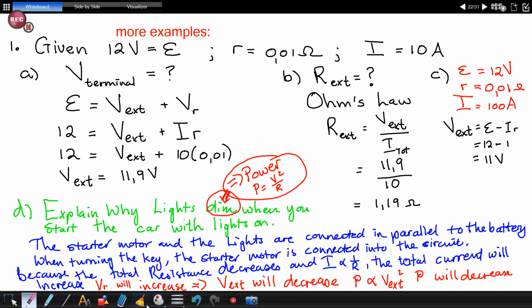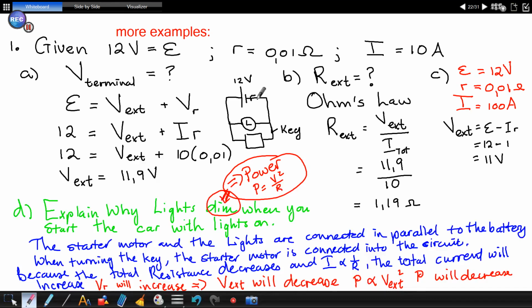So if I can squash it in here somewhere, you've got your battery that supplies 12 volts, and you have your lights. There will be more than one light, but I'll switch that one on now. Without the key in the ignition, the starter motor will be disconnected. That switch will be open. So you put the key into the ignition and you turn the key, then it closes that.